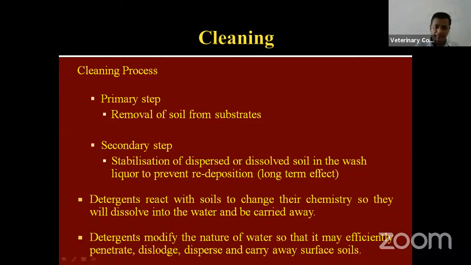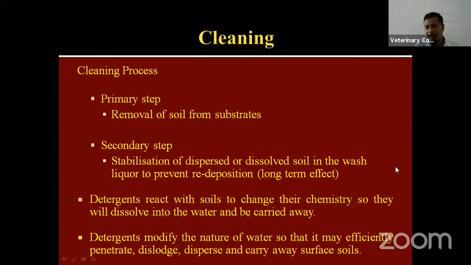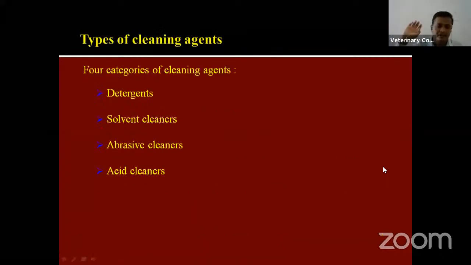When a detergent penetrates deeply into the soil, it dislodges it from the surface, and later that is dispersed, and with a rinse of water, it is taken out from the food surface and gets rid of.